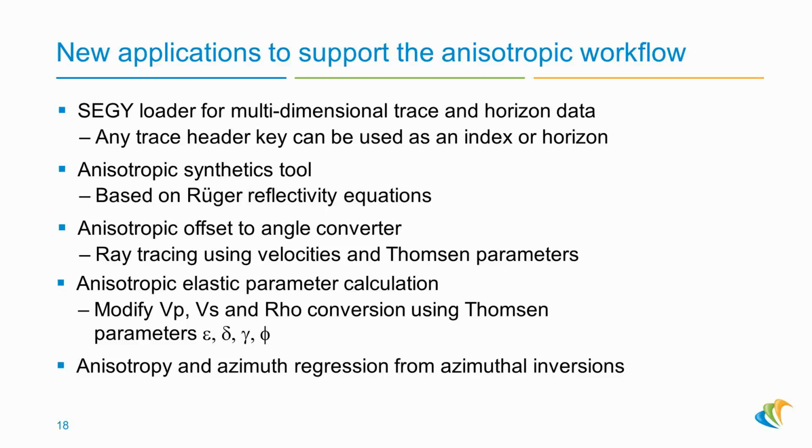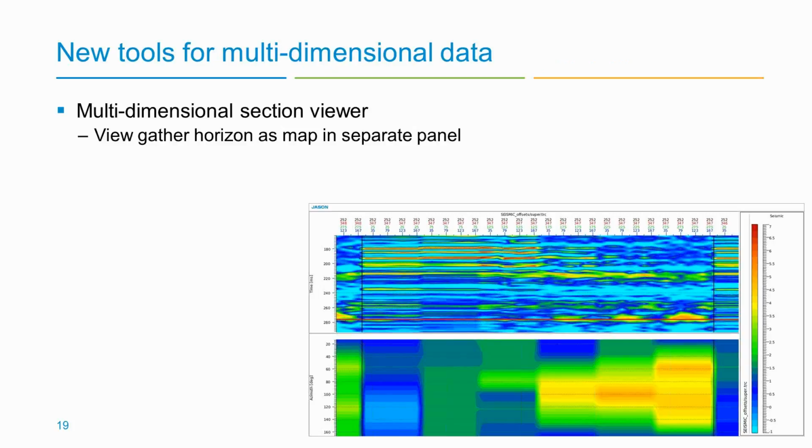Some new tools for multidimensional data. We have a multidimensional section viewer. We can view the gather horizons as a map in a separate panel. So what you see here in the top panel is seismic data, and we are extracting the values along the purple line here, this timeline, and those values are plotted as a function of azimuth in the lower panel.